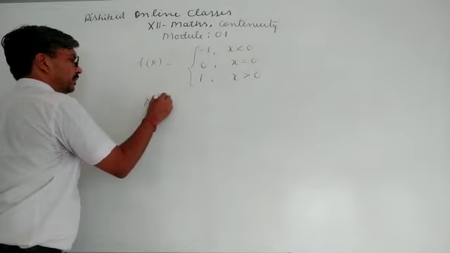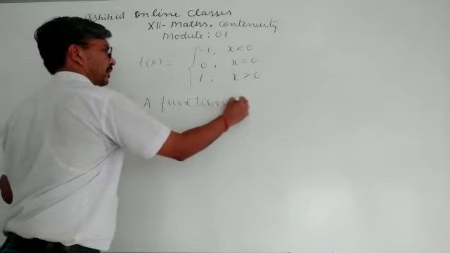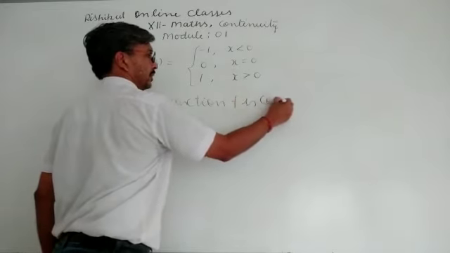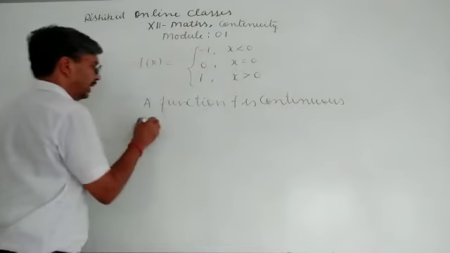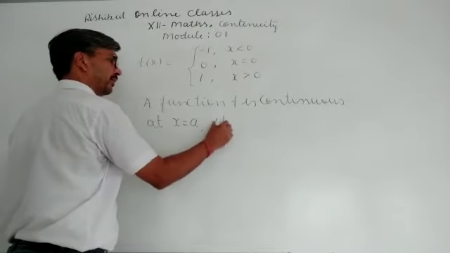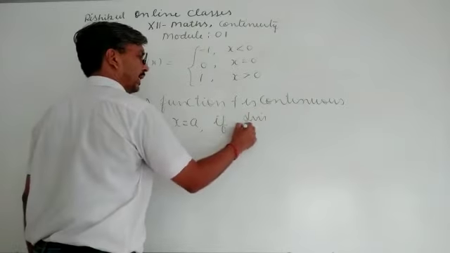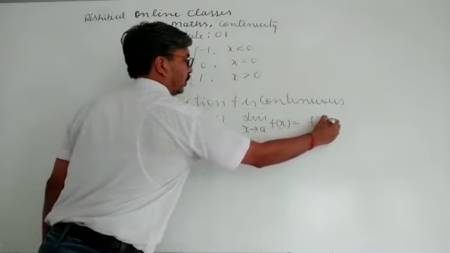A function f is continuous at x equal to a if limit x tends to a of f(x) equals f(a).